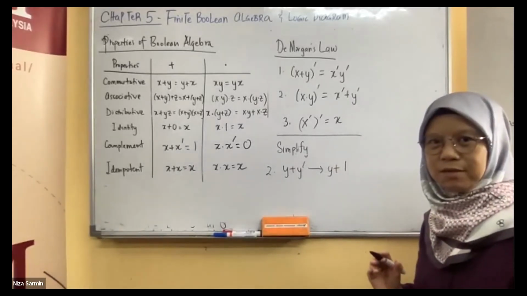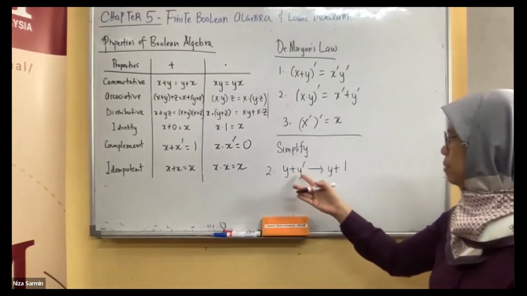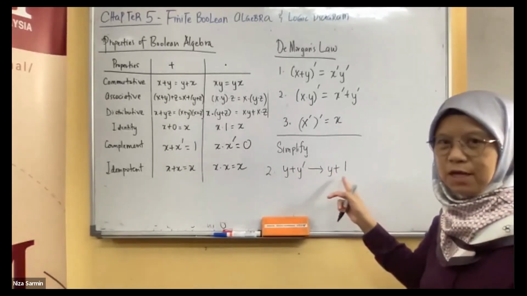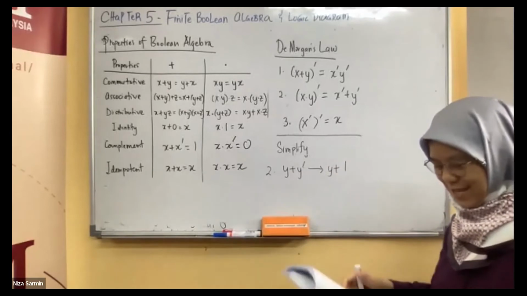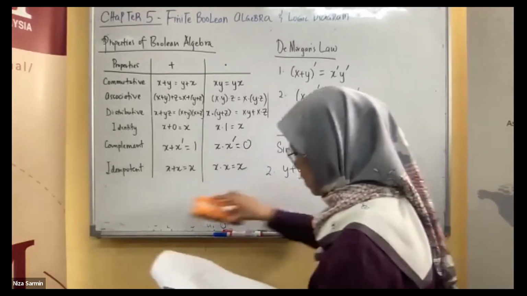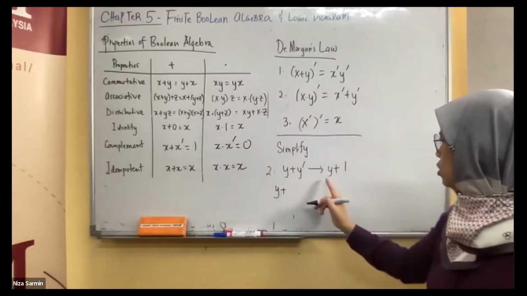The trick question: how can you simplify y plus y prime when there is a y but there is a 1? What you will do is actually a trick in which you write y, because you need a y.